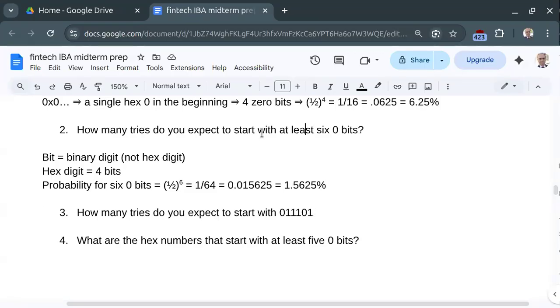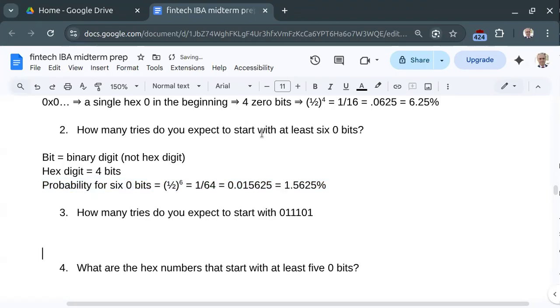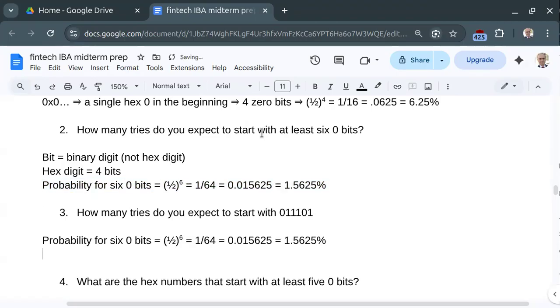So that'll be two problems. Okay, so actually it's the same. Doesn't matter what exactly the sequence is. All that matters is that we want to specify a specific 6-bit sequence.